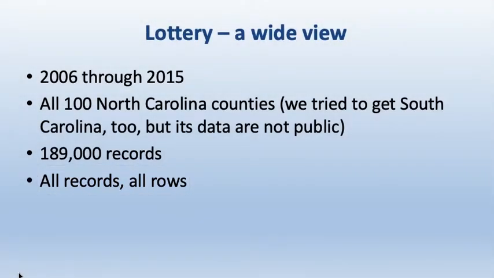In other words, they didn't leave any information out. Now, some of the fields that we got were the player's name, how much the person won, the county that the person lived in, the name of the store that sold the lottery ticket, and if the player was a store employee or actually a store owner.